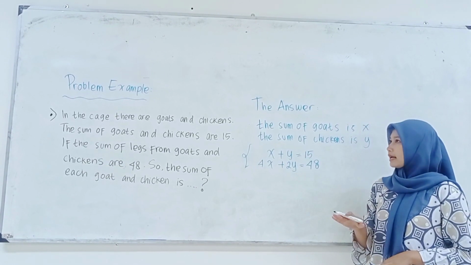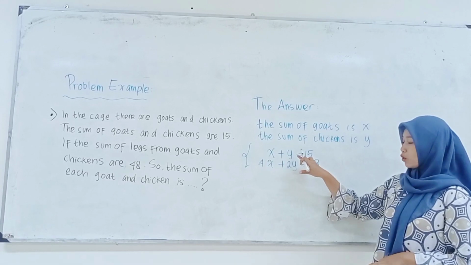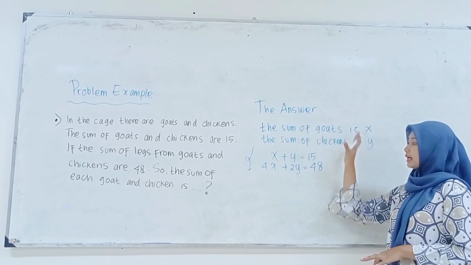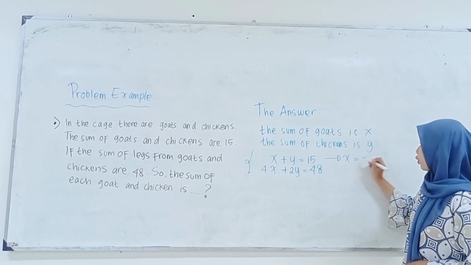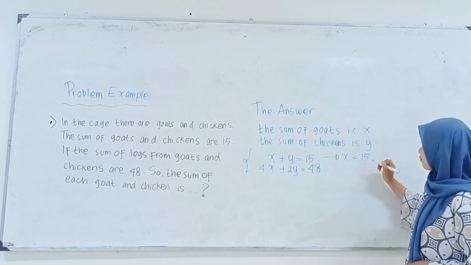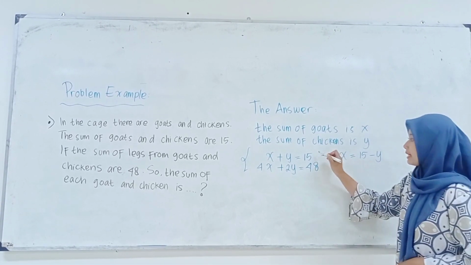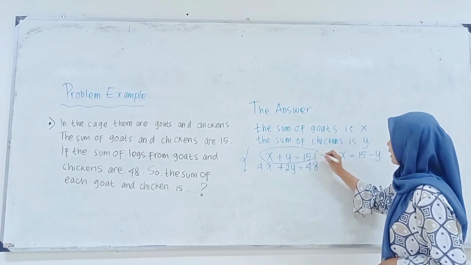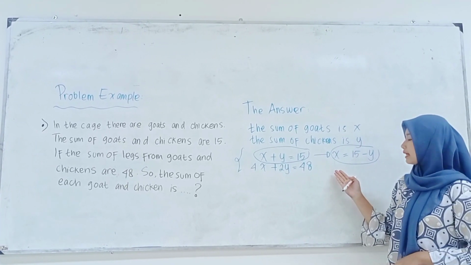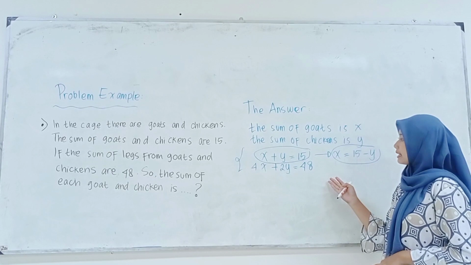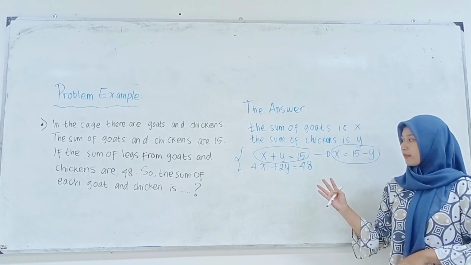So we can move y in the first equation to the right like this: x equals 15 minus y. We can see this equation and the first equation are the same, but in a different form.